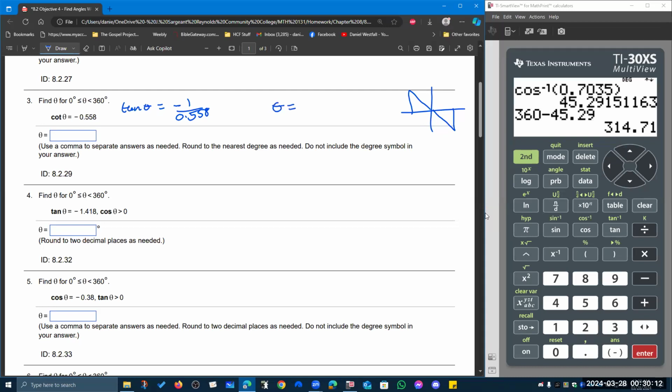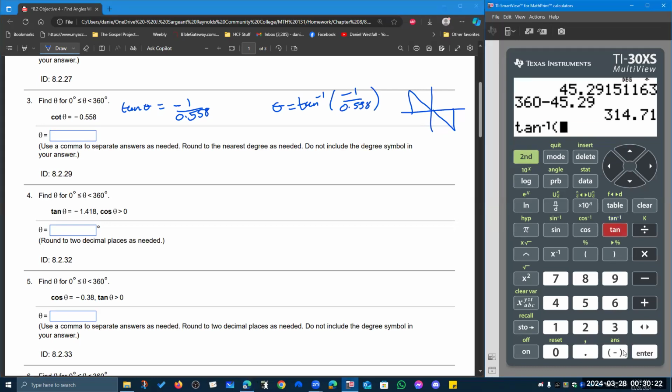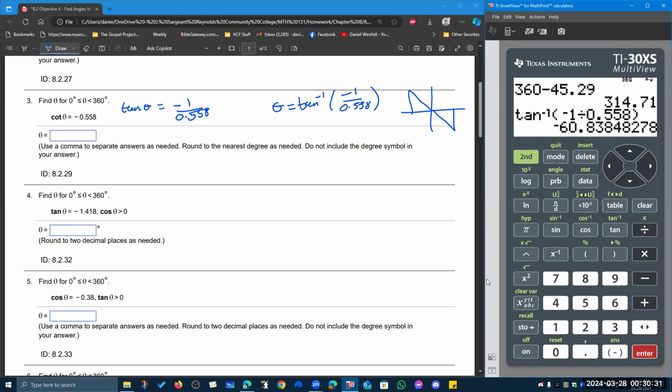So theta is equal to arctangent of negative 1 over 0.558. It's going to give me a negative angle of negative 60.84. Remember, we don't use negative angles.